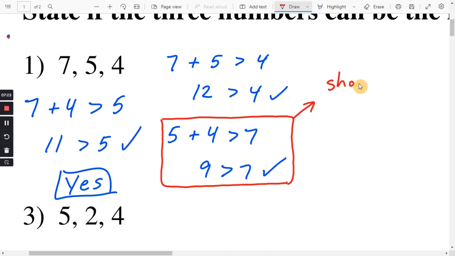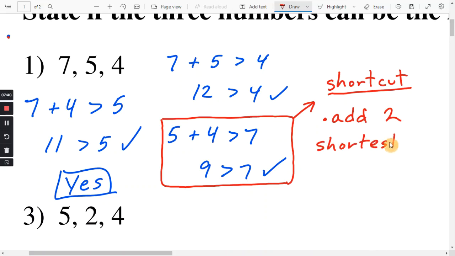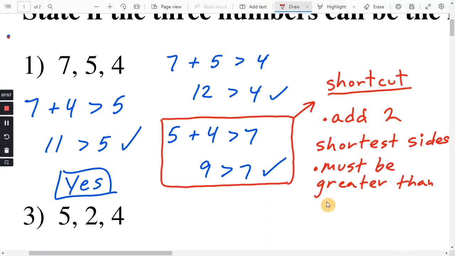The shortcut would be to add the two shortest sides, and then it must be greater than the third side.